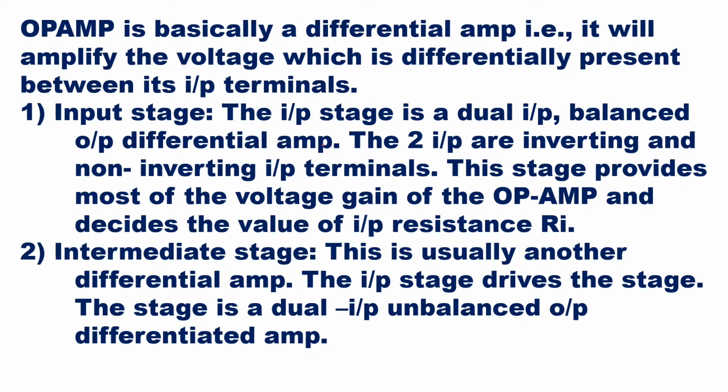Op-amp is basically a differential amplifier. That is, it will amplify the voltage which is differentially present between its input terminals, so it will amplify the difference between the two inputs. The first stage was the input stage. The input stage is a dual input balanced output differential amplifier. The two inputs are the inverting and non-inverting input terminals.